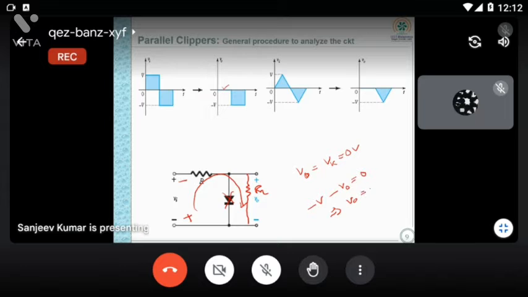So V0 is equal to minus V, or you can take minus Vm. That's why whatever input you are giving in reverse bias, the same shape is generated at the output.